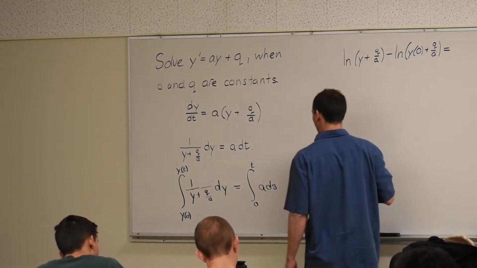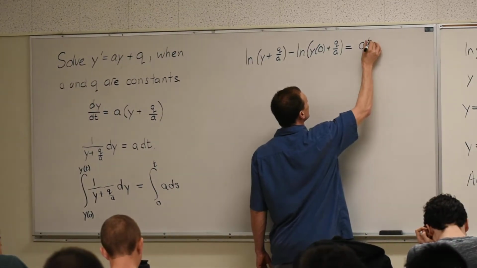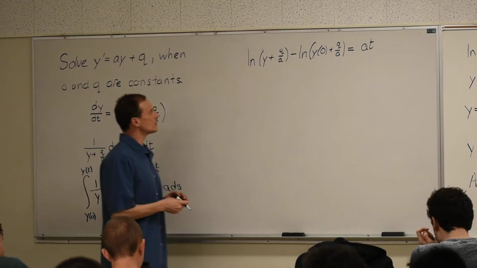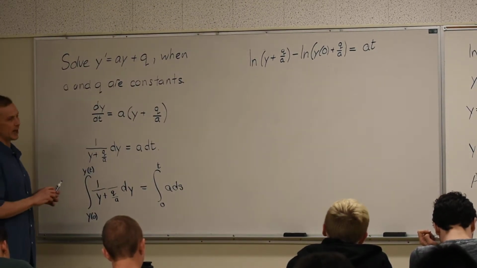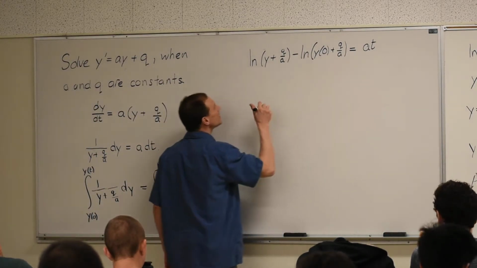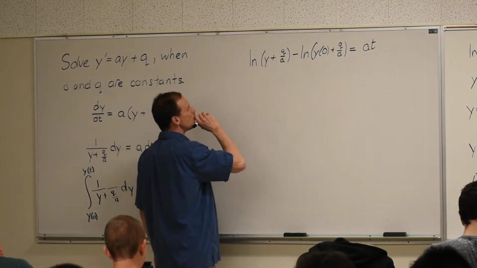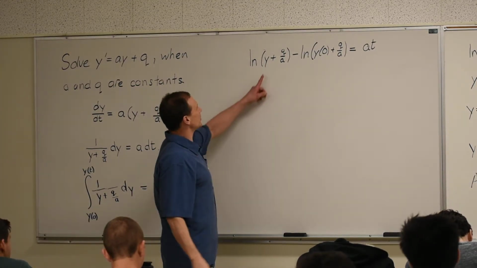Equals, what do we have? On the right, we have a t. Okay, we're going to add this second term on the left, add it to the right. Remember our goal is to solve for y.